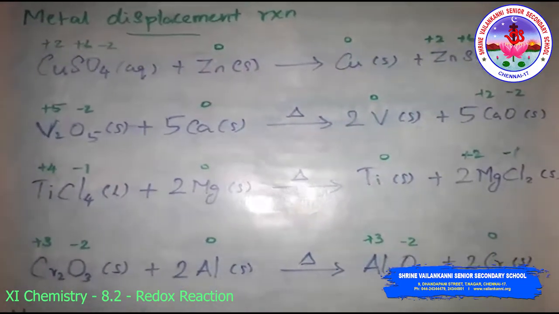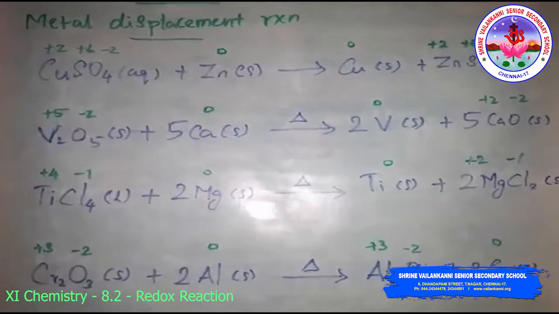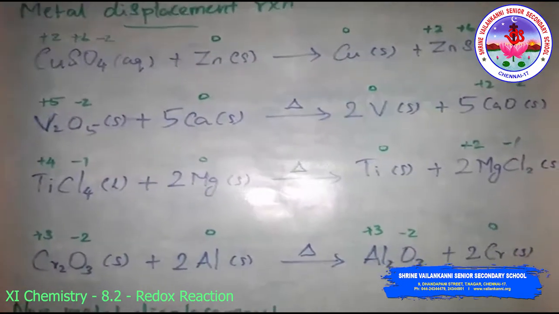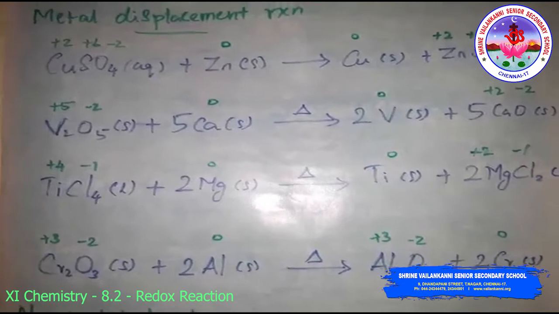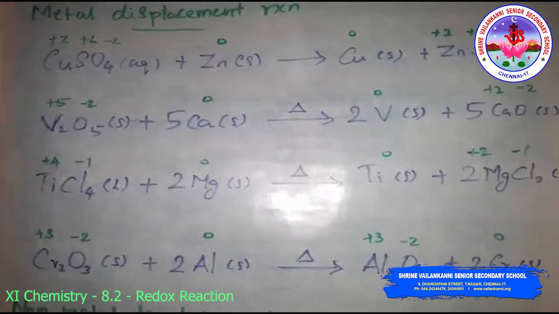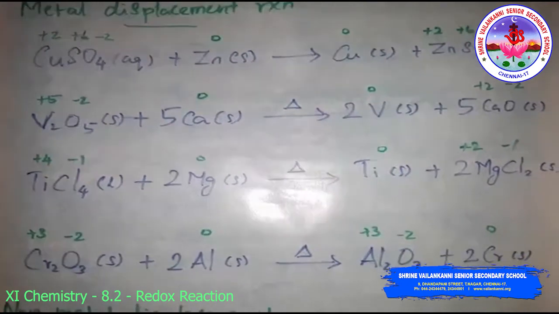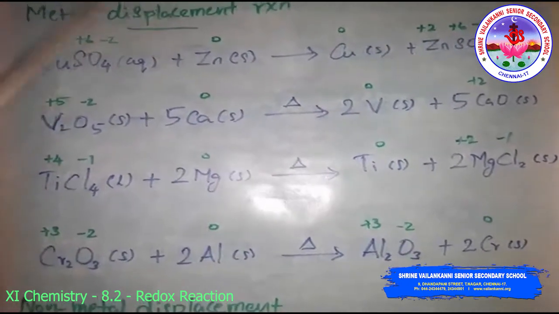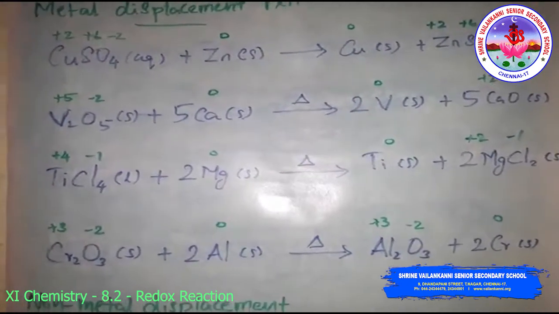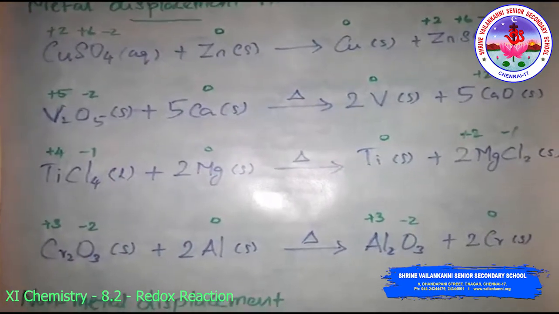So usually, as we studied in lower class, we can write X plus YZ gives XZ plus Y. The displacement reaction fits into two categories, one is metal displacement reaction, another one is non-metal displacement reaction.